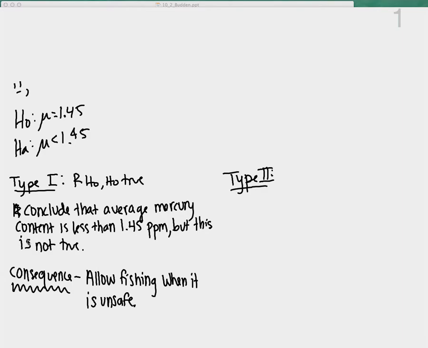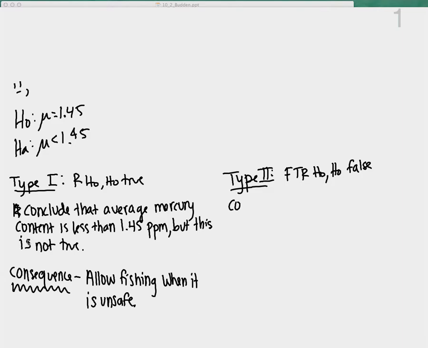Type 2 error, remember, fail to reject. So I'm going to fail to reject the null, which means I'm going to believe the null is true, but it's actually false. If I fail to reject the null, it means I continue believing the null.